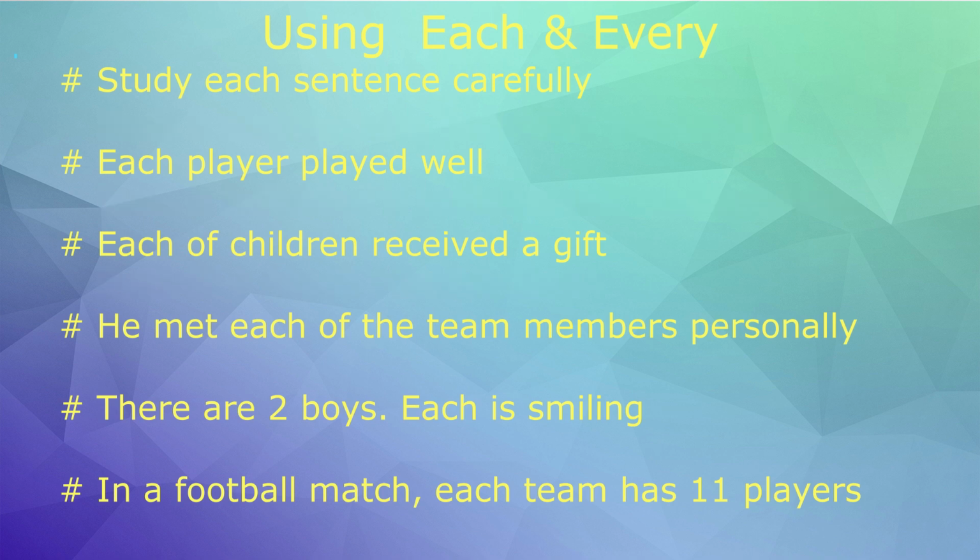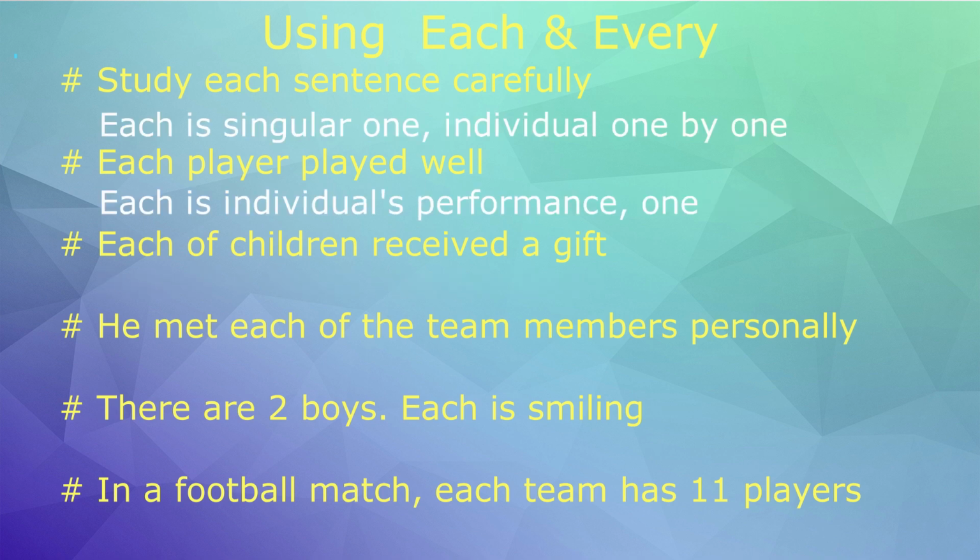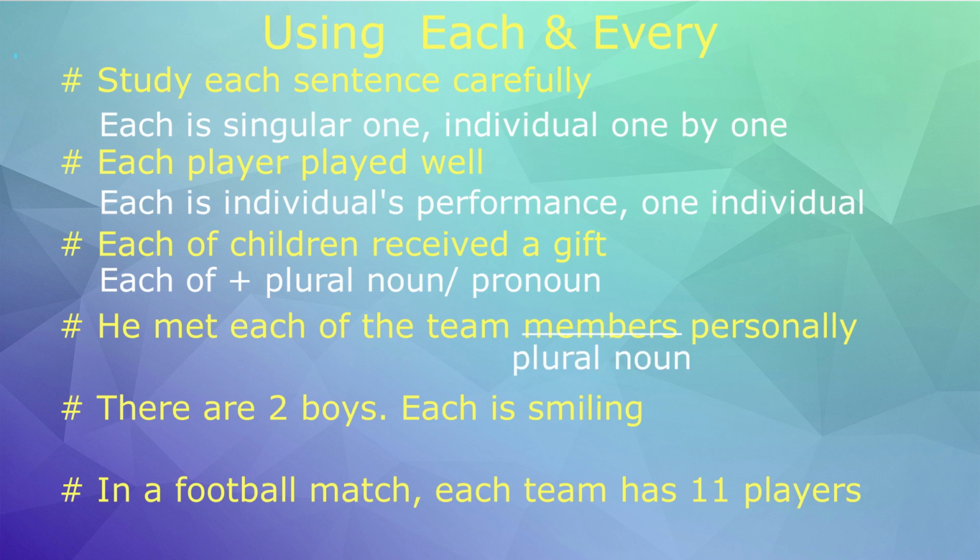Okay, now he met each of the team members personally. Again, if you see each of, here you have members. It's a plural noun. So you can't say he met each of the team member. That is absolutely incorrect.